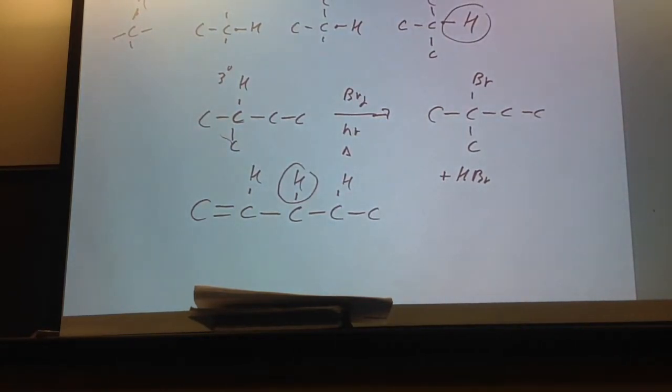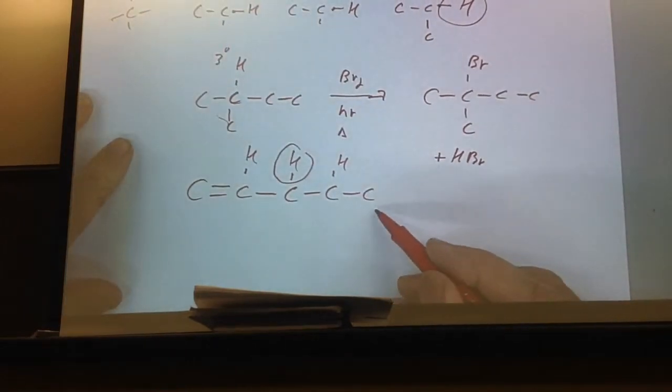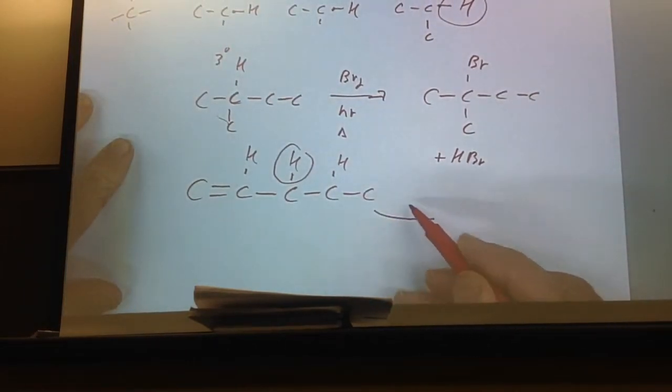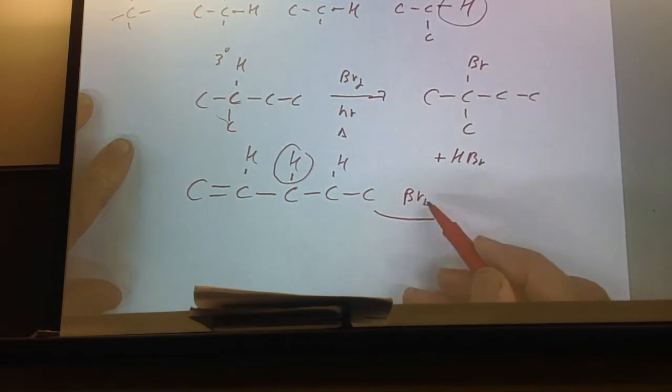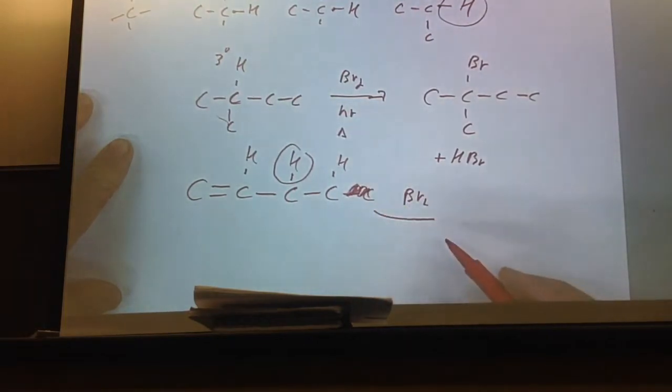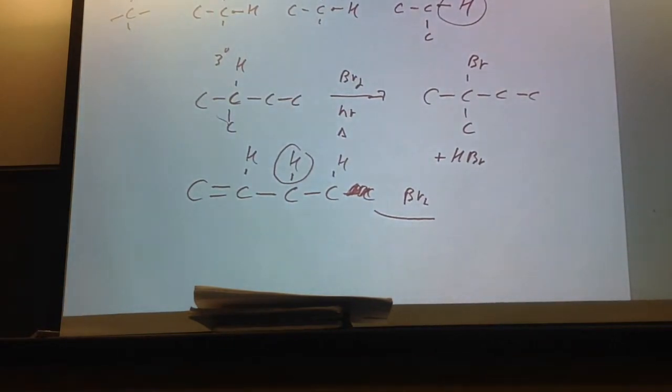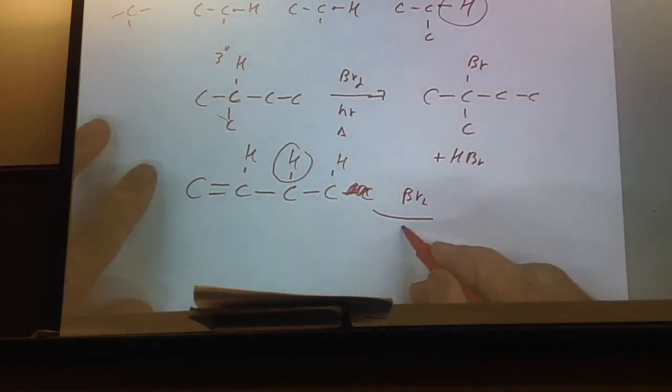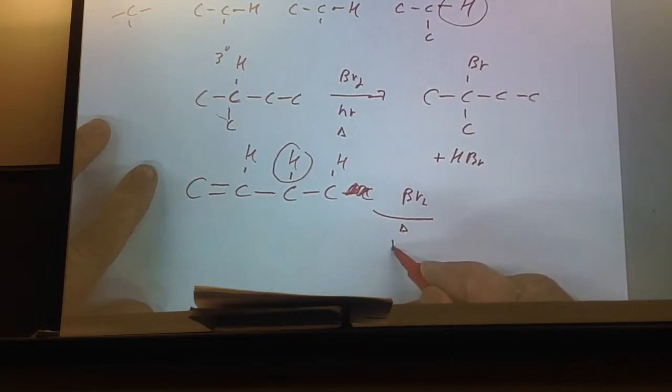And you're going to get 2 major products. You had bromine. And let's get rid of one of these hydrogens, just so it's not too messy for you. It's bad enough. Okay, so I'm going to ask you for 2 products if I add bromine and heat or light.